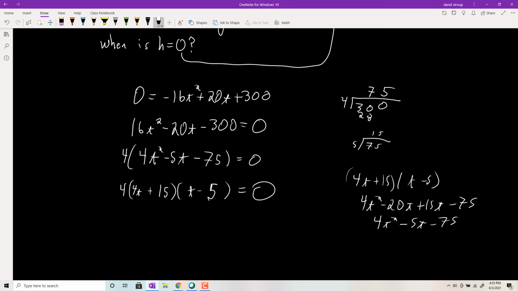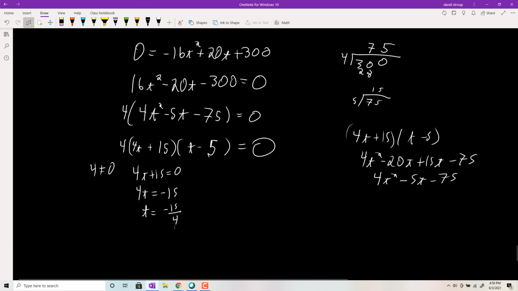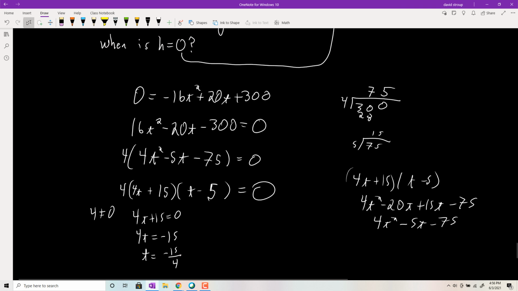Set the parts equal to 0. 4 will never be 0, so nothing there. Then try 4t plus 15 equals 0. Subtract 15 from both sides and divide by 4. Because we're in physical reality, negative times do not really have any meaning for us humans, so we're going to disregard that answer.